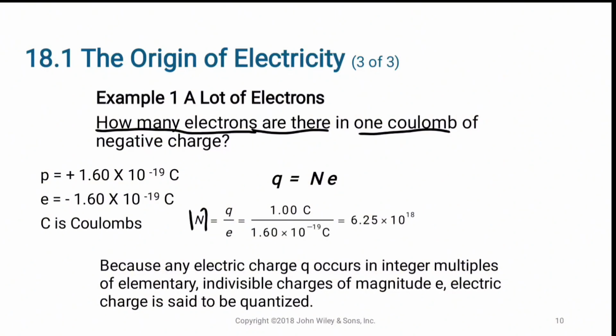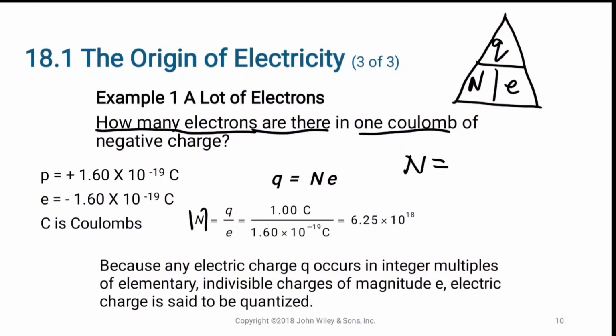Now, using this formula, for you to easily remember it, you may use this pyramid where Q is our net charge, N is the number of added or removed electrons, and E is the electron charge. That is why, if we are going to apply this formula, we use N equals Q, the net charge, divided by E, the electron charge.